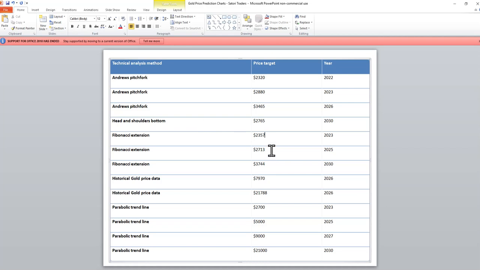And so what I notice is that we have two clusters of targets. We got 2300 ballpark and a 2700 ballpark. And so there it is from the fib extension. The head and shoulders gives us 2700. There's Andrews. Actually, it's a shift pitchfork, being a variation of Andrews, gives us targets at 2320 and almost 2900.